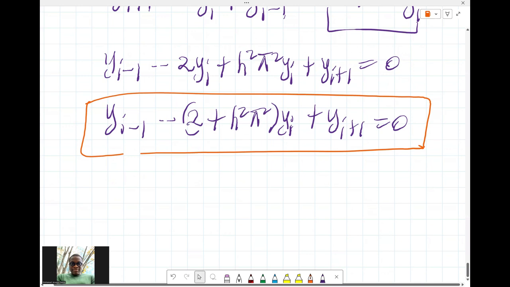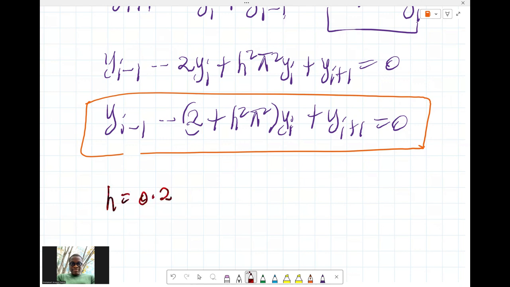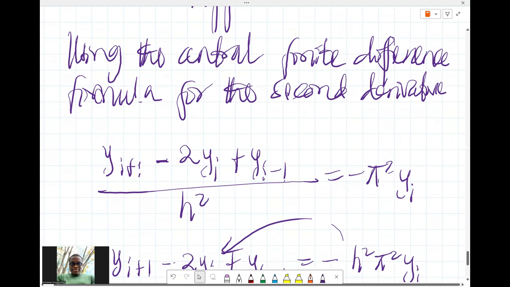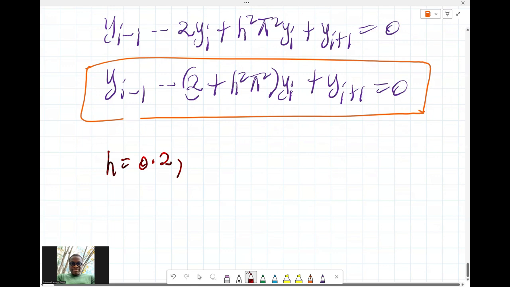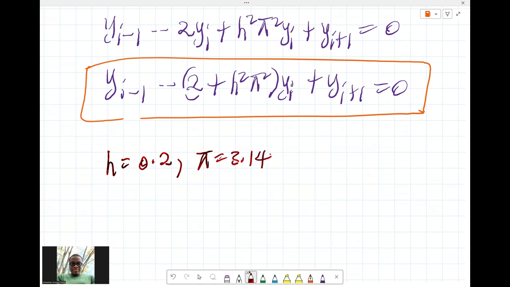So we try to use the finite difference system. But now we have values for h squared, pi squared, and so on. We already have h as 0.2, from what we did the other time. For pi, let's take pi to be 3.142.